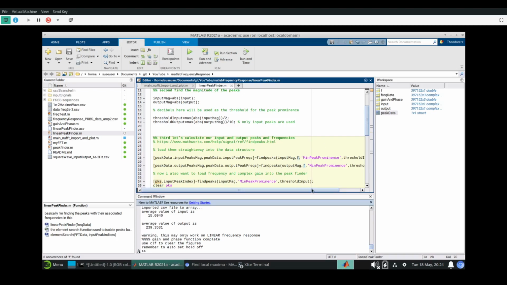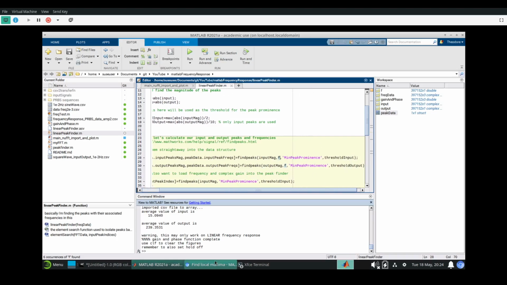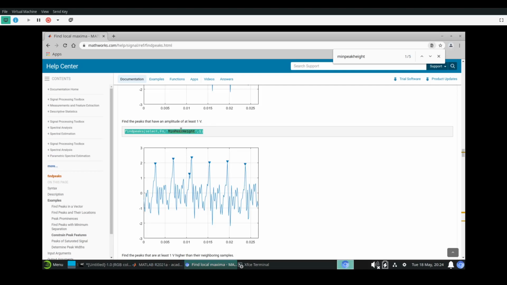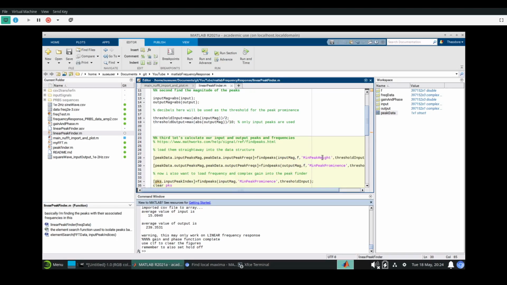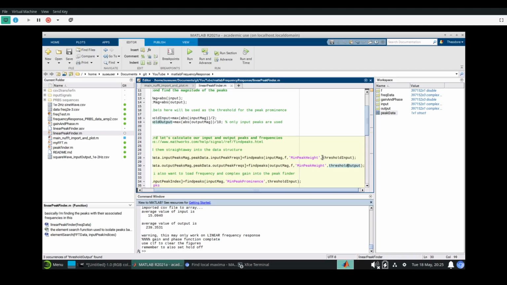What is your threshold? Instead of peak prominence, we are going to use minimum peak height, again because we are not working in decibels anymore. I'm going to use minimum peak height, and of course we use the threshold input and output to control where the peaks are.